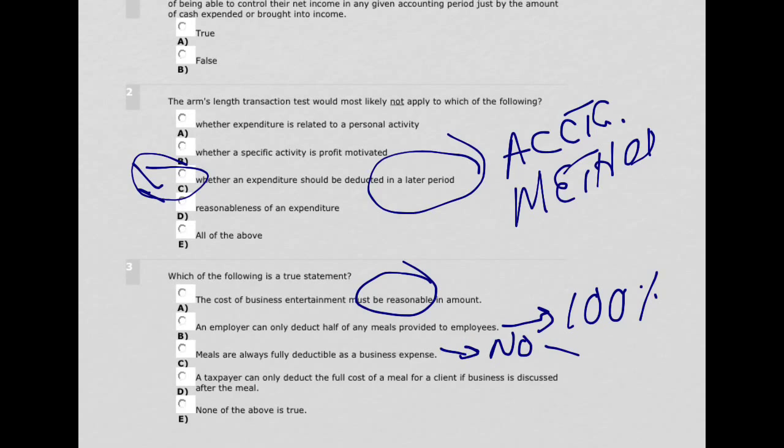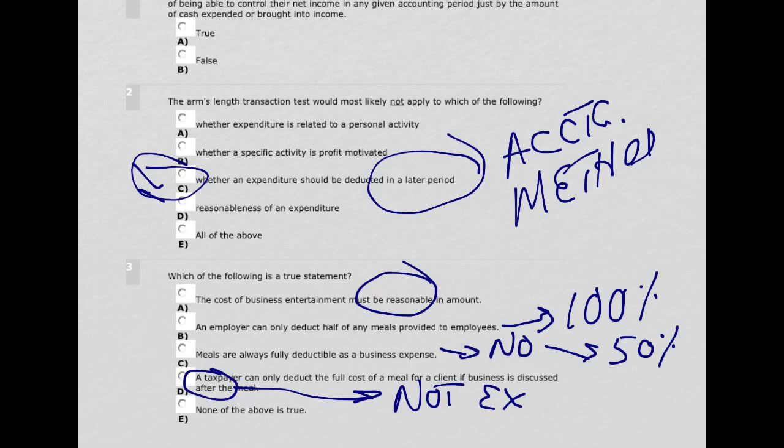In fact, most of the time they're 50%. And a taxpayer can only deduct the full cost of the meal if business is discussed after. No, it could be before and during. It doesn't have to be after. So it's not exclusive to that. And that's how that works.